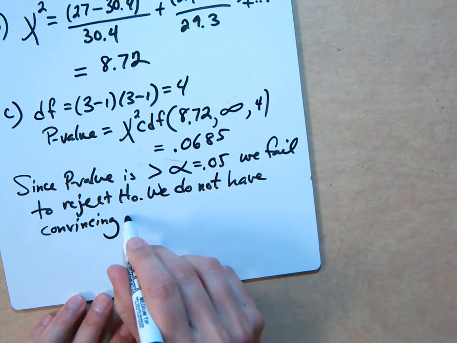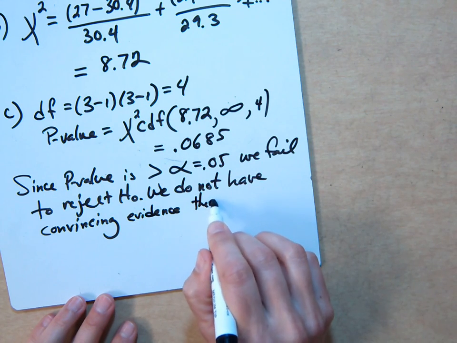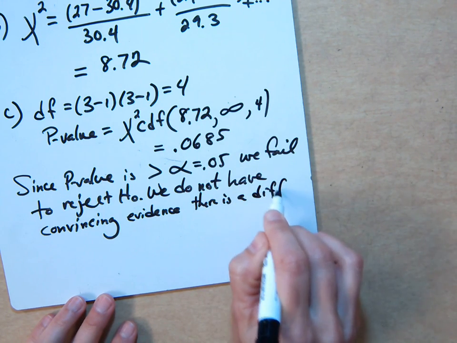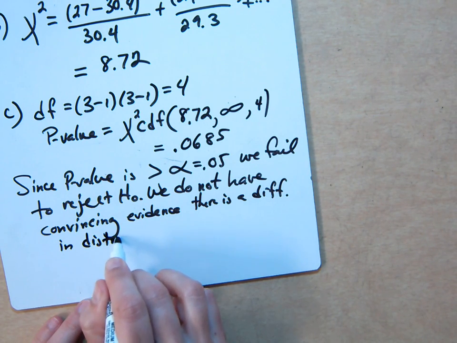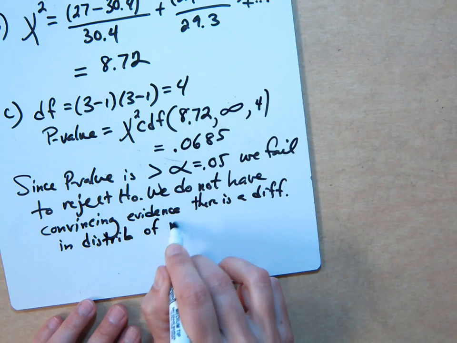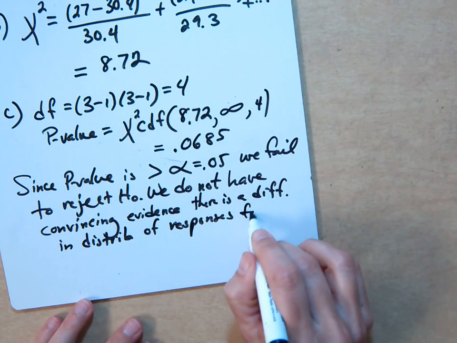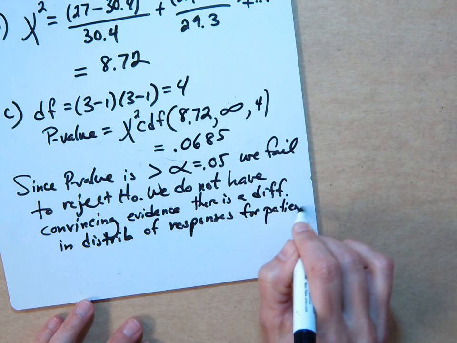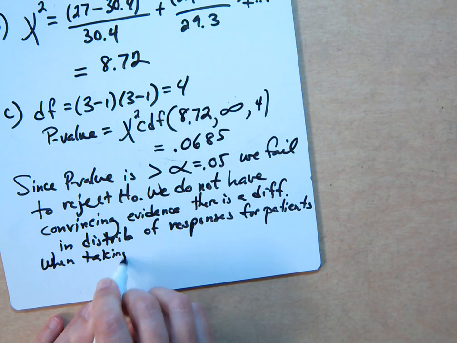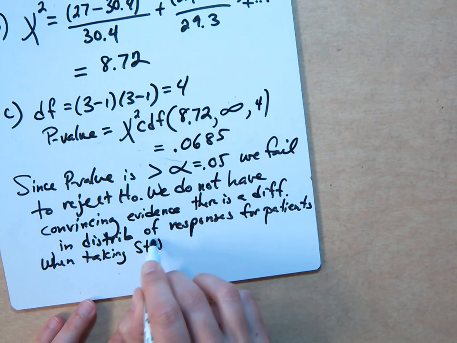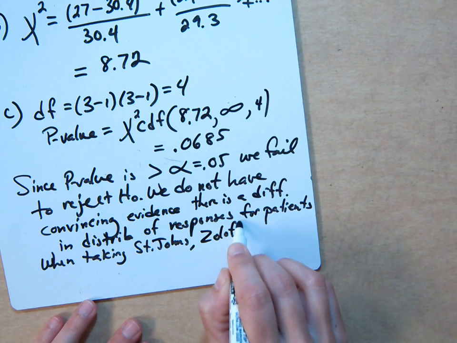There is a difference in the distribution of responses for patients when taking St. John's, Zoloft, or placebo.